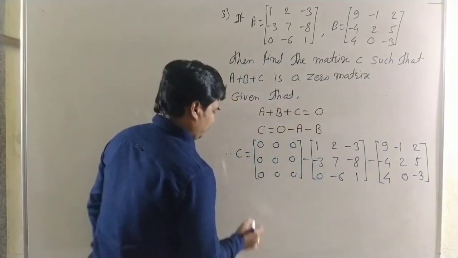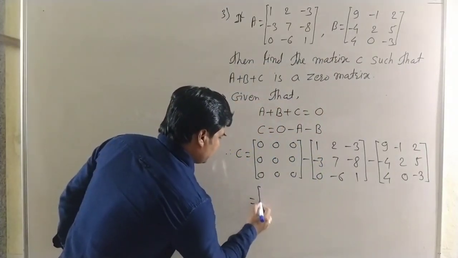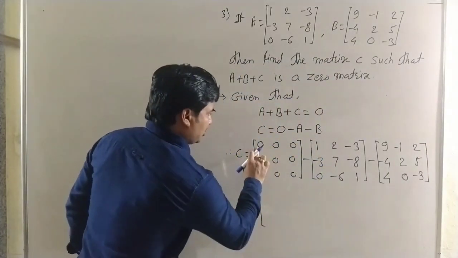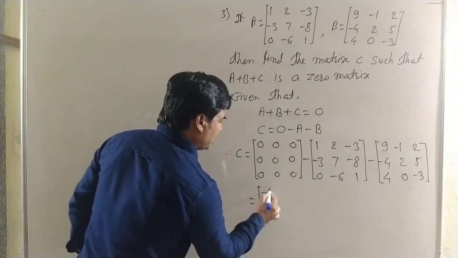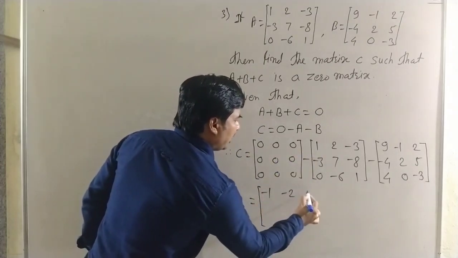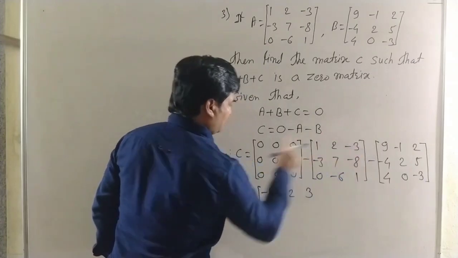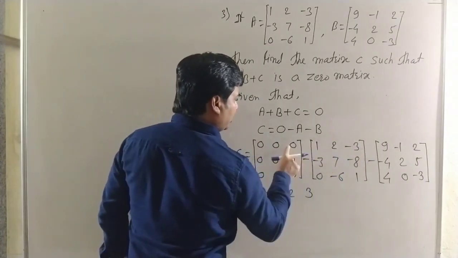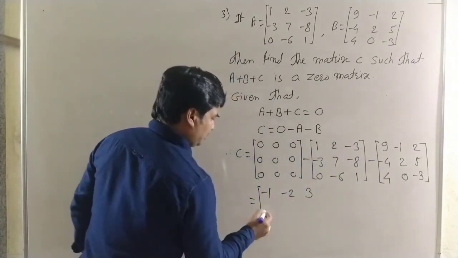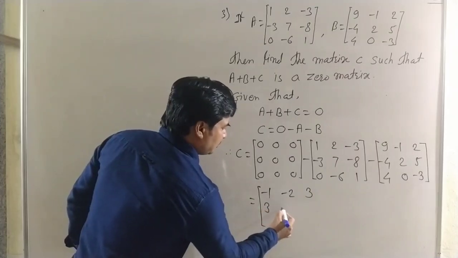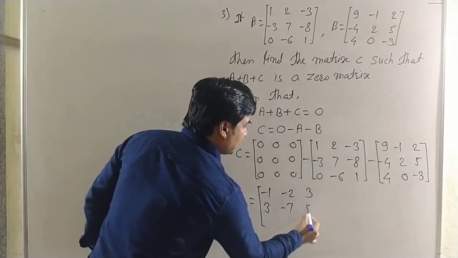Okay, now first we write this step, 0 minus this. Therefore it is minus 1, minus 2 and plus 3. 0 minus 1, 0 minus 2 and 0 minus minus 3, it is plus 3. Again 3 minus 7, and it is plus 8.